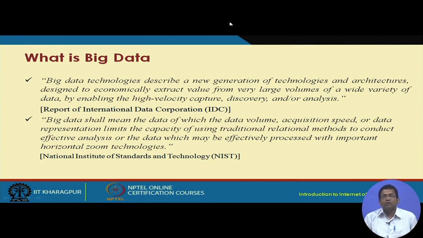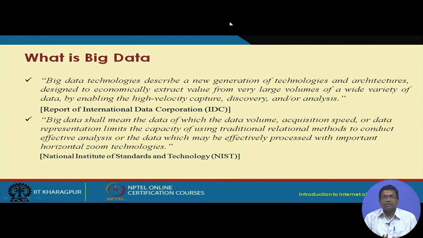So, what it means, two things: data that is huge in size, that flows at large velocities, that is generated and disseminated at large velocities, has to be handled in real time. This is one issue. The second issue is that these data are typically unstructured.